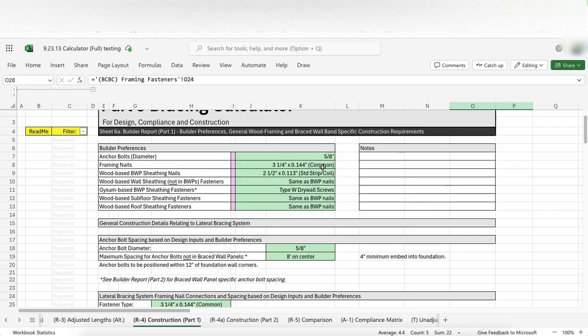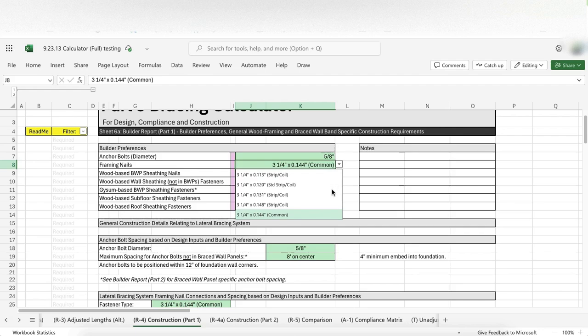But as you can see, that is based on a nail of this size. If you review most nails on site or available in Home Depot or wherever it might be, you're probably not going to see many strip nails or coil nails of this dimension. Instead, you're going to see these sorts of values.